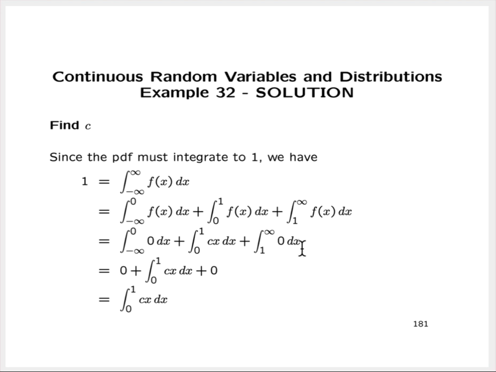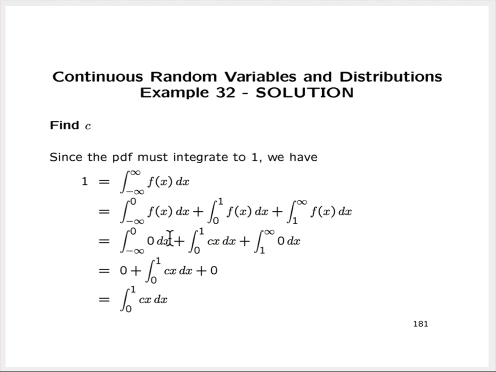put in here correctly. Over the interval from minus infinity to 0, the PDF evaluates to 0. In addition, over the interval from 1 to positive infinity, again, the PDF evaluates to 0. So I can plug those values in there. Over the interval from 0 to 1, the PDF evaluates to c times x.